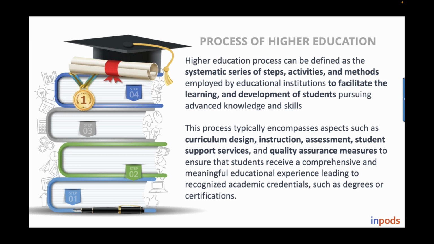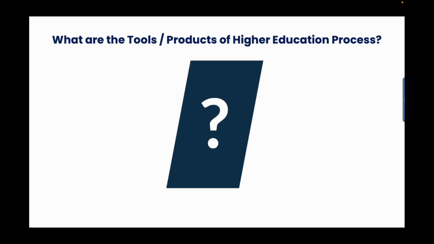It can be further described as encompassing aspects such as curriculum design, instruction, assessments, student support systems, and quality assurance measures to ensure that students receive a comprehensive and meaningful educational experience leading to recognized academic credentials such as degrees or certifications. This could be the description of the process in higher education.